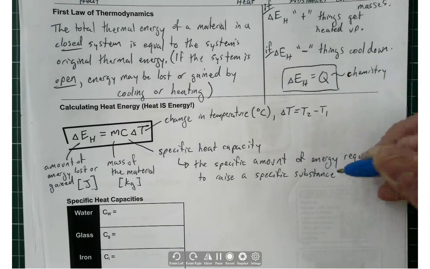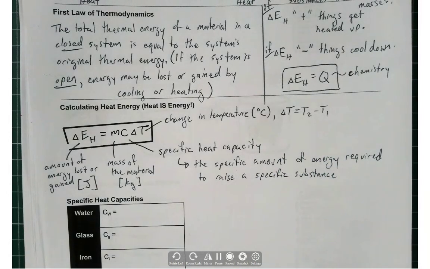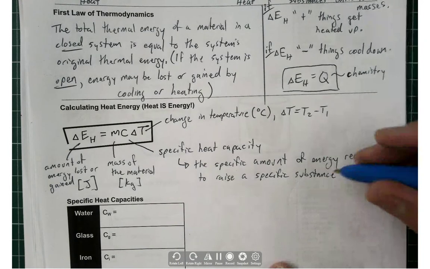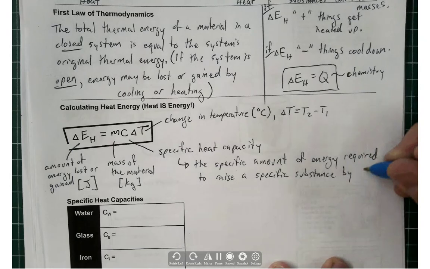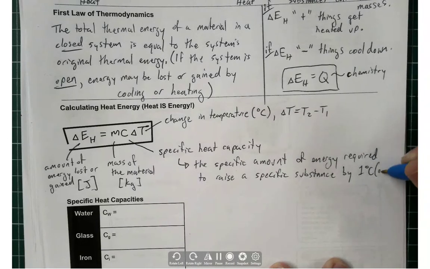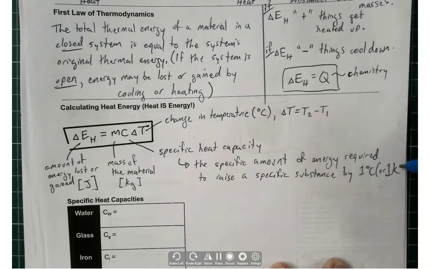I know I should have used particular substance to vary my words, but I want to really emphasize specificity here. For a specific substance by 1 degree Celsius or 1 Kelvin, because remember, 1 degree Celsius and 1 Kelvin is the same size.